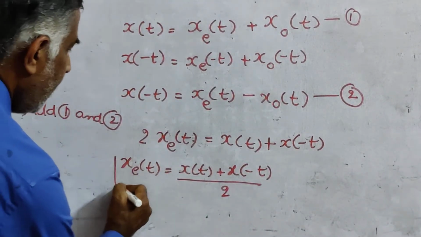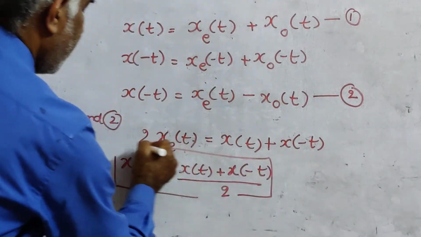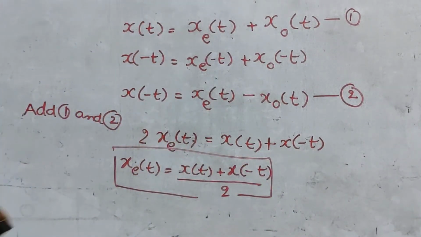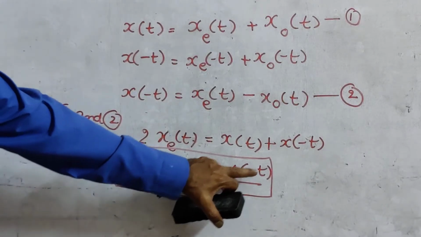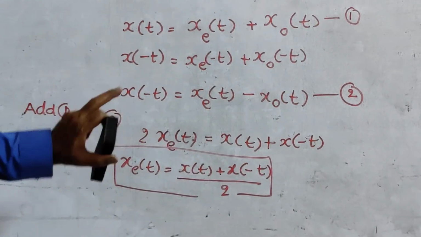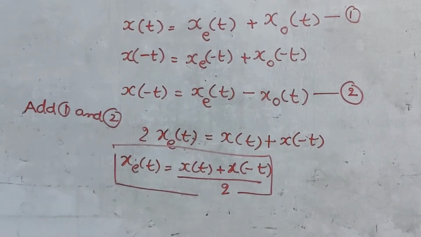This is a useful expression. Remember, xe(t) = (x(t) + x(-t))/2. This is how we find xe(t).